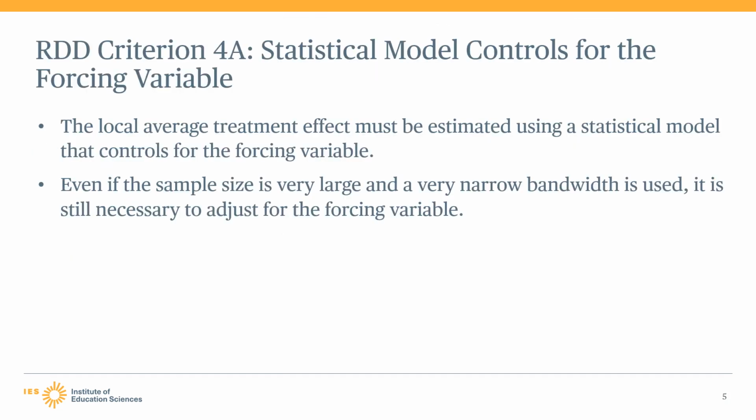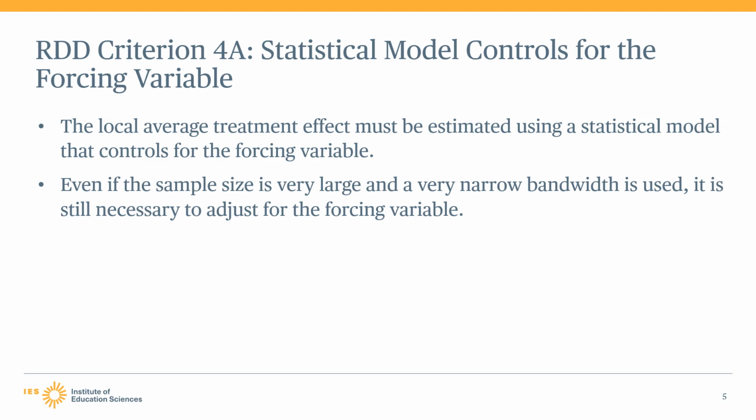Criterion A of the functional form and bandwidth standard, which we will hereafter refer to as RDD Criterion 4A, requires that the local average treatment effect for the outcome must be estimated using a statistical model that controls for the forcing variable.